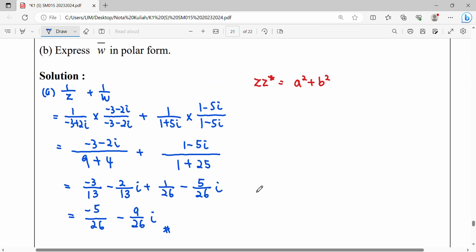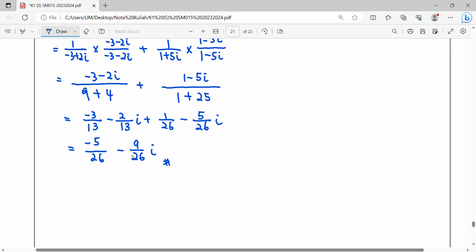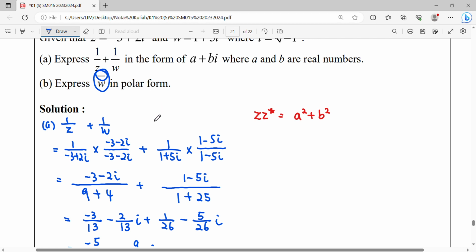Then we go back to question B, which asks us to express. Notice here we have a bar, which means the conjugate of w. As we know, w is equal to 1 plus 5i. So the conjugate of it will be 1 minus 5i. We want the conjugate of w to be expressed in polar form.